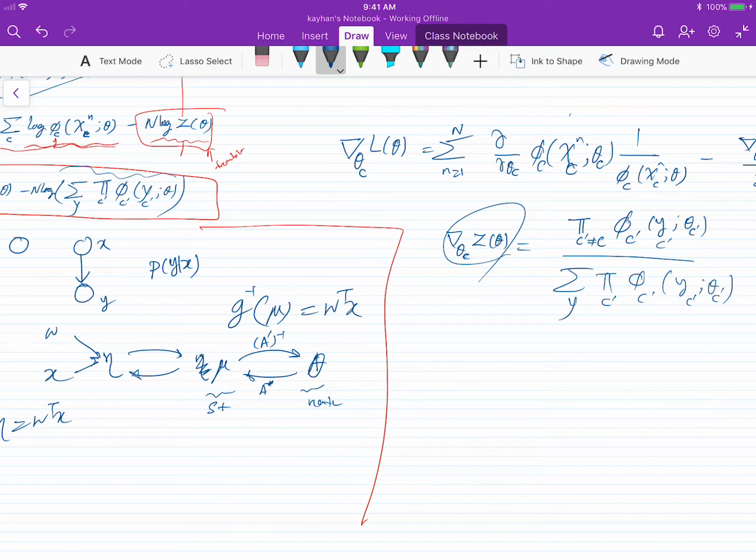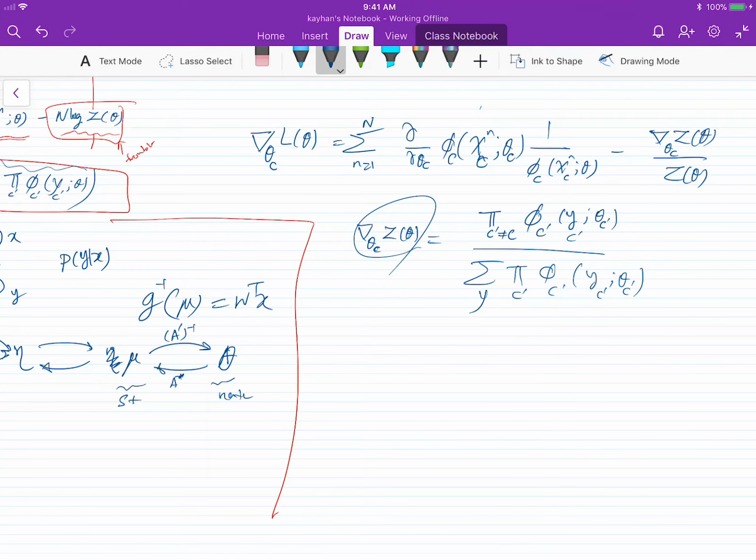Is this part clear? It's a multiplication of the sums over the cliques. The only sum that has theta c stays, and I'm taking the derivative with respect to one variable.